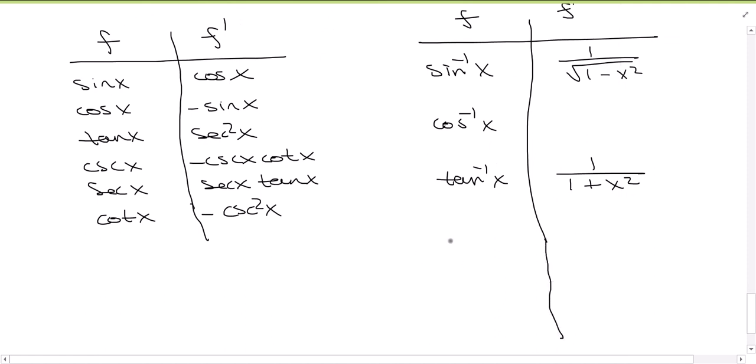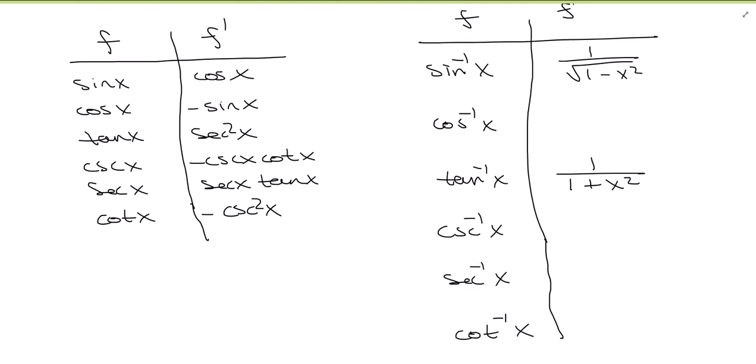And so then we'll do the other ones. So I'll just give you the other ones: cosecant inverse of x, secant inverse of x, and cotangent inverse of x. If we do the same thing that we did for sine inverse and tangent inverse, you'll find the other ones.